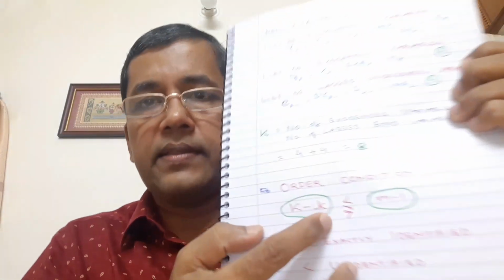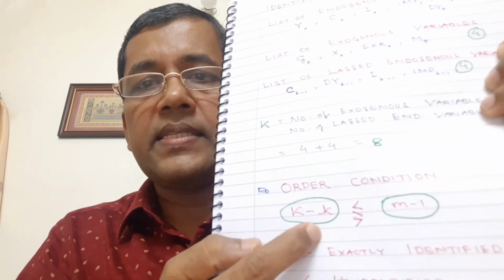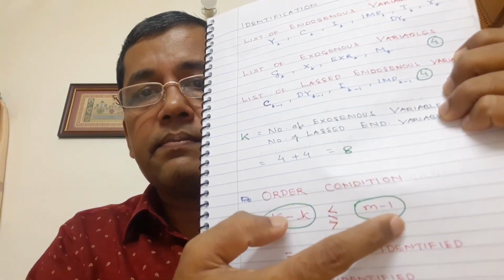So if capital K minus small k, this left hand side, is less than small m minus 1, then that equation is unidentified. So if a particular equation is unidentified, we cannot apply any simultaneous equation estimation technique to that equation. And if capital K minus small k is exactly equal to m minus 1, then the equation is exactly identified.